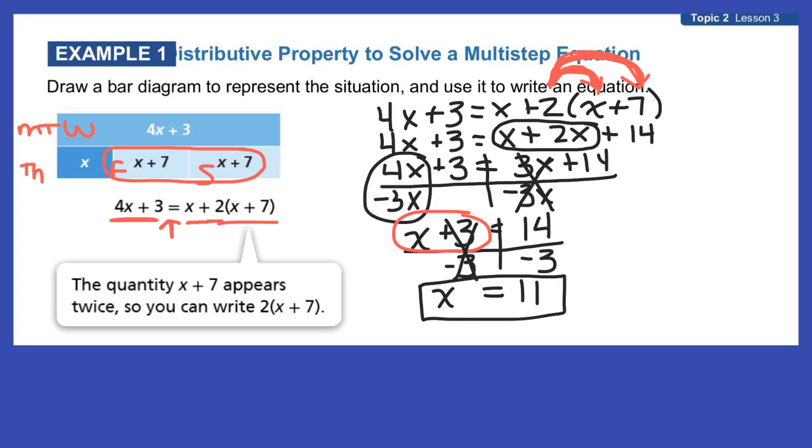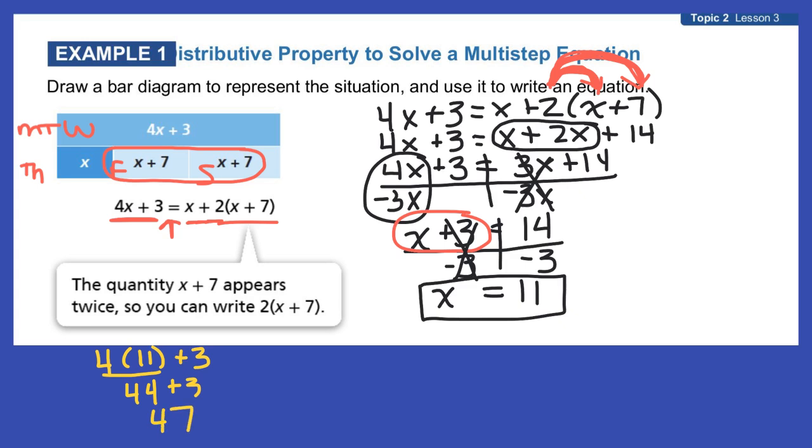But if I wanted to double check that and I wanted to be absolutely sure, I would go to Monday through Wednesday. Remember that was 4x plus 3? Well, if x is 11, it's really 4 times 11 plus 3. 44 plus 3 is 47 miles, Monday, Tuesday, Wednesday.